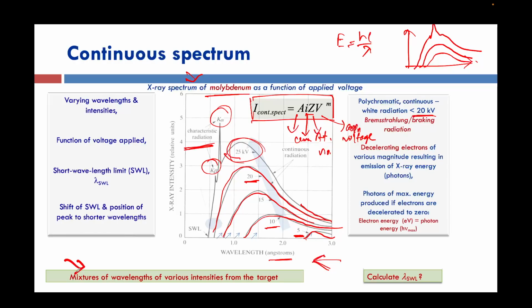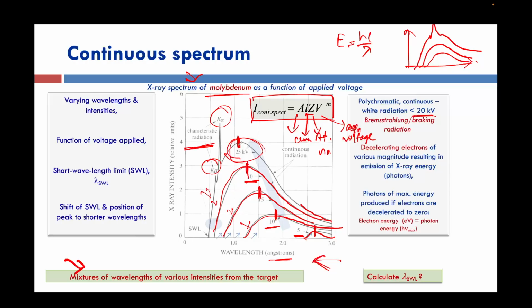As you can see, the peak of each and every curve, this curve, this curve, this curve, was earlier here. For 5 kilovolt it was here, for 10 kilovolt it is here, for 15 kilovolt it is here, for 20 kilovolt it is here, for 25 kilovolt it is here.